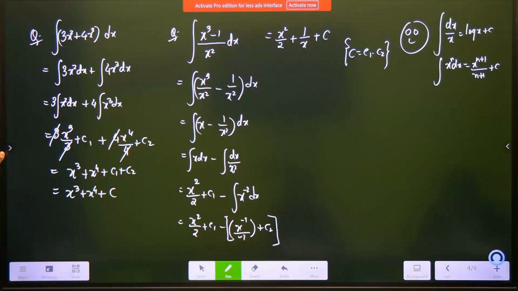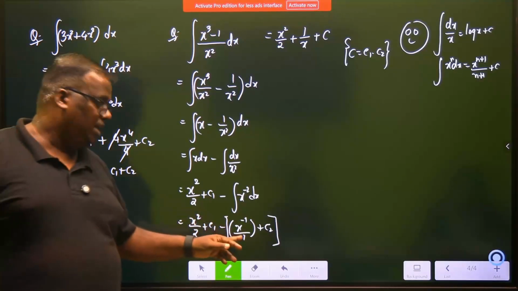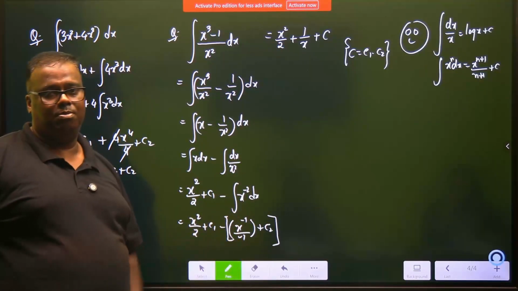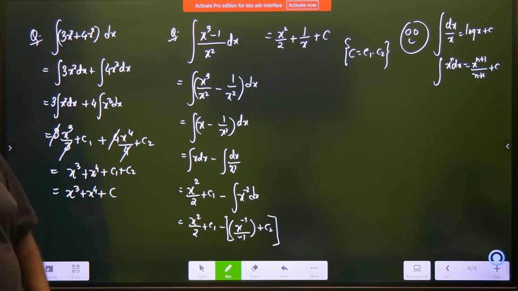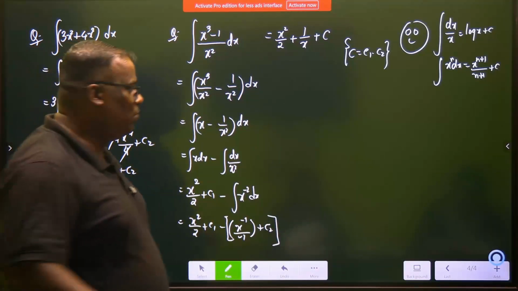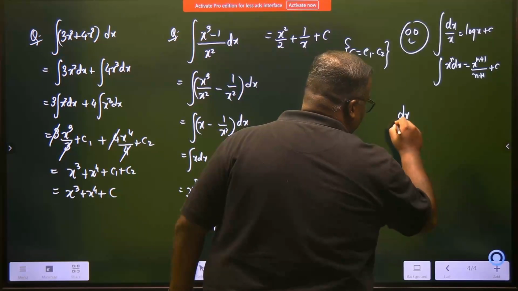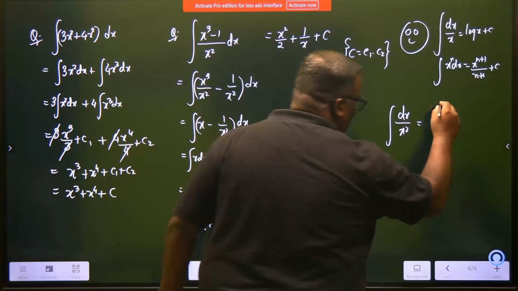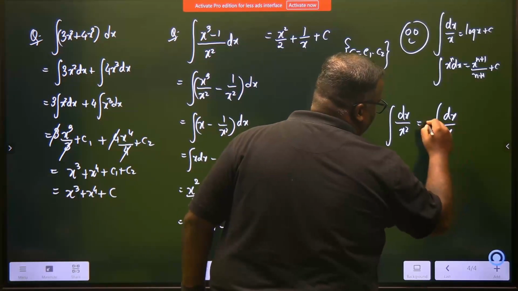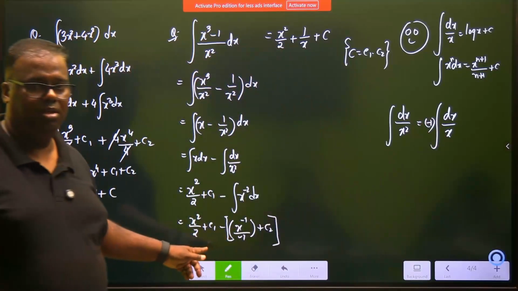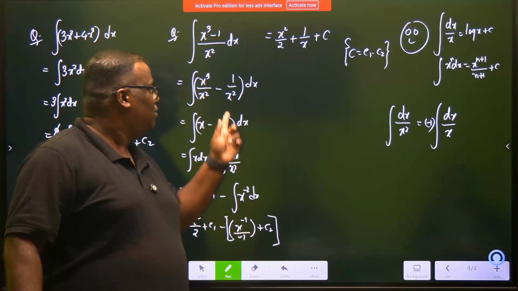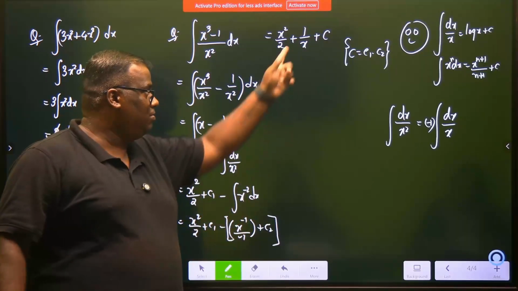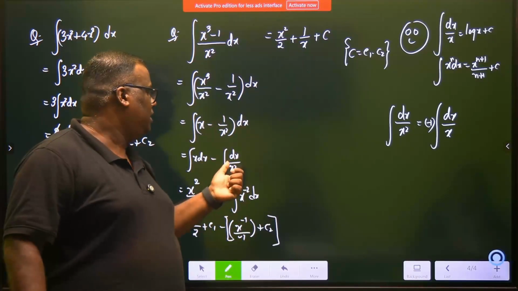Did you understand the answer? Look here. Minus 1 and minus becomes plus. And x to the power minus 1 is 1 by x. So, one more interesting thing. Just look here. If you get something like dx by x square as integral, what is it resulting in? Your power will always get reduced and a minus 1 will come outside. Did you understand this? Look at from this step. If you get an integral of this, finally it becomes this, and the minus always comes out.